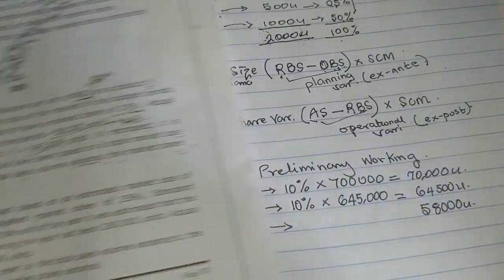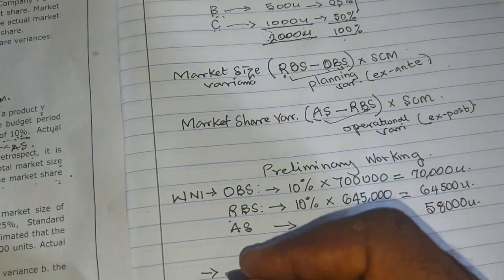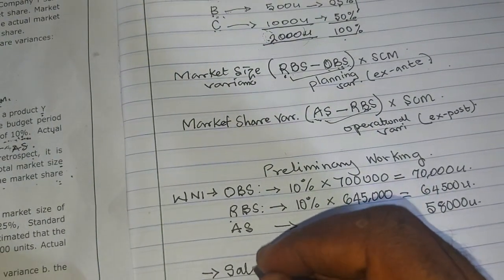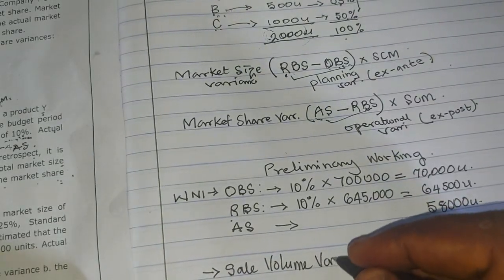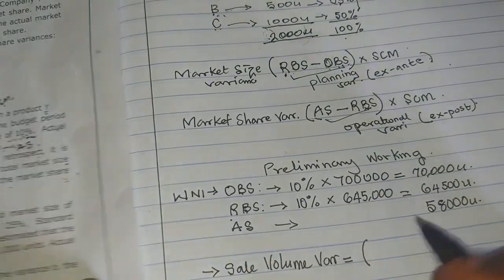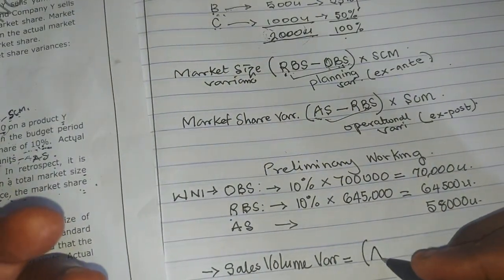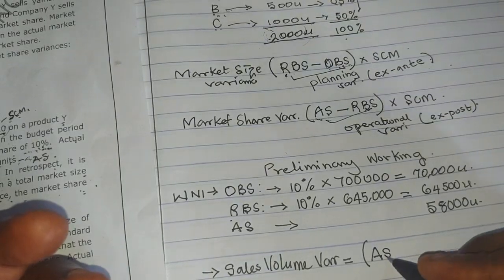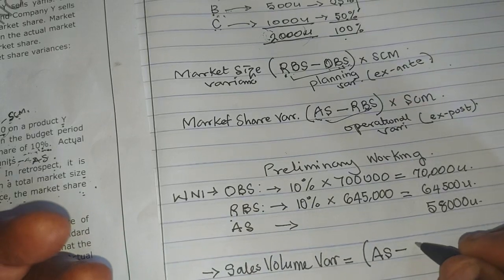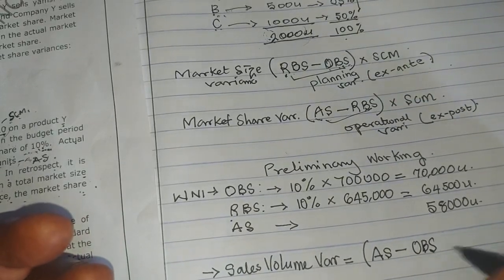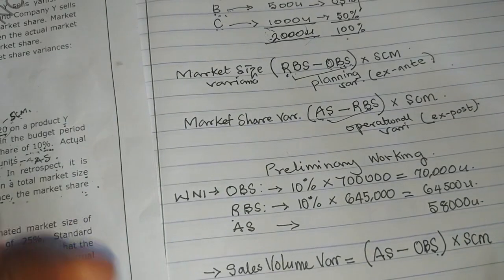Now the question says we should calculate the sales volume variance. When you want to calculate the sales volume variance, you start with the actual quantity minus the original budgeted quantity, multiplied by standard contribution margin.